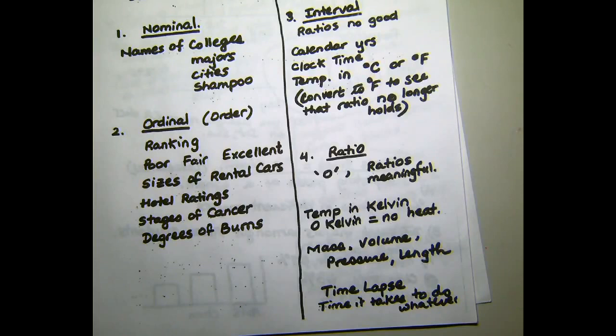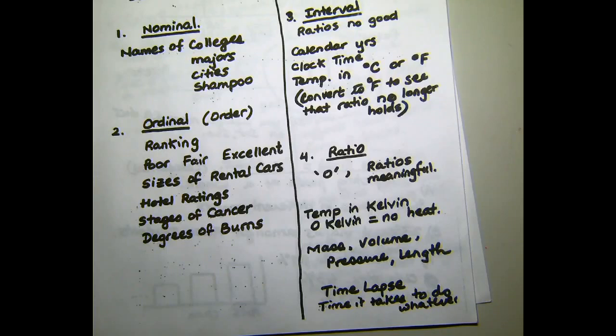What about age? What scale would that be? Nominal, ordinal, interval, or ratio? What do you think?